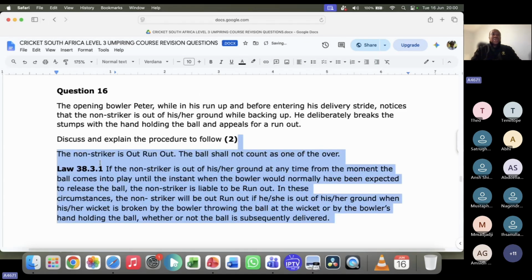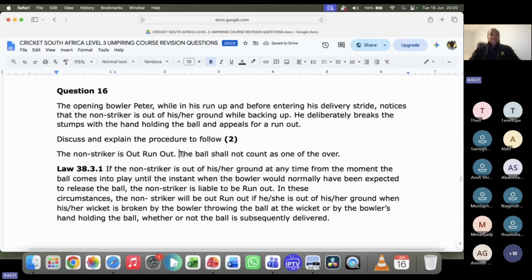So yes, the non-striker is out run out, and the ball shall not count as one of the over. Law 38.3.1 tells us that if the non-striker is out of his or her ground at any time from the moment the ball comes into play until the instant when the bowler would normally have been expected to release the ball, the non-striker is liable to be run out.